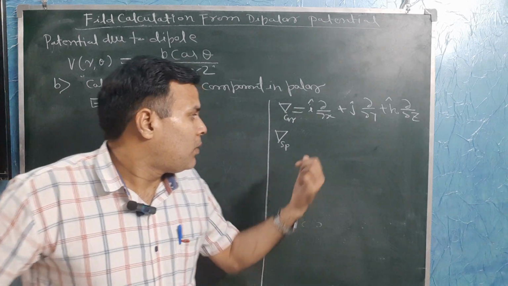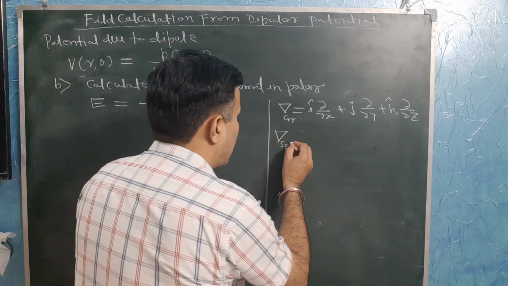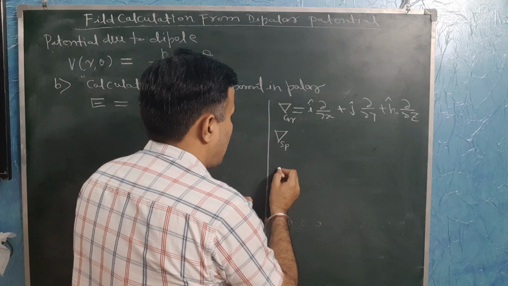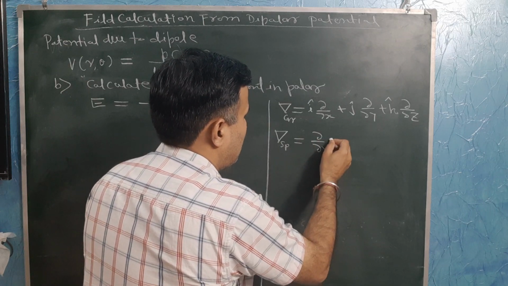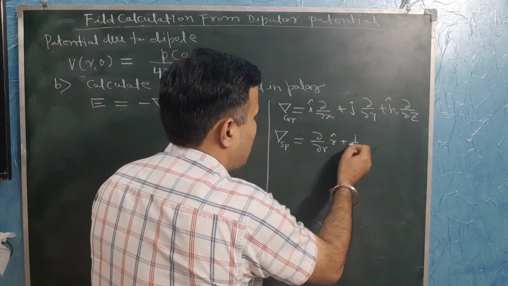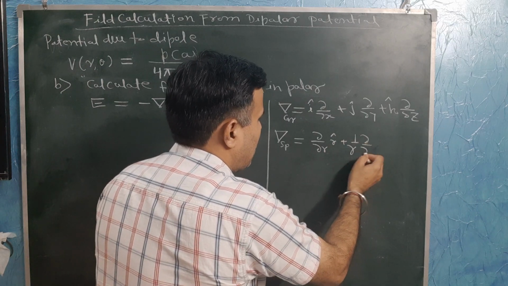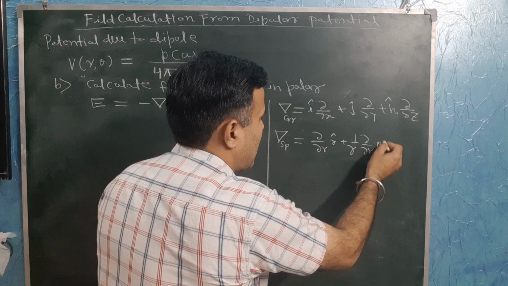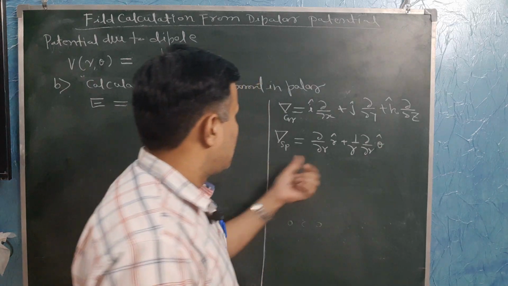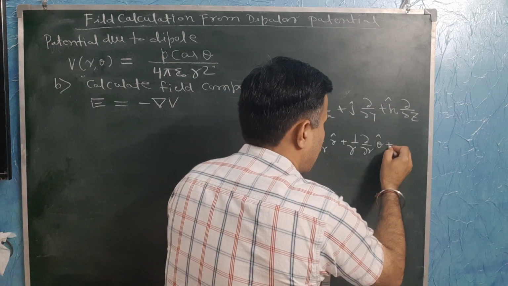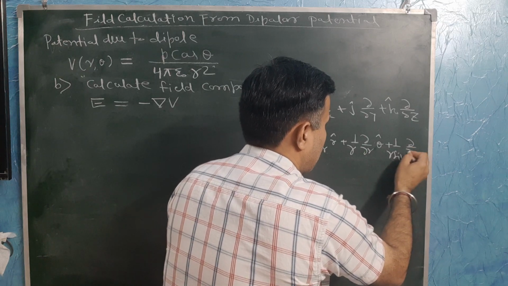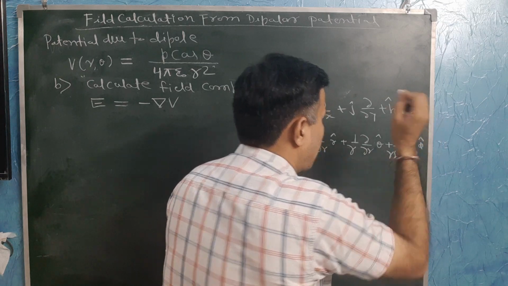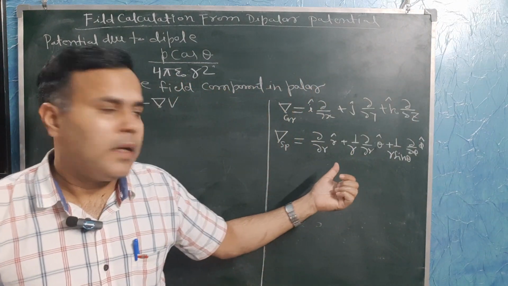So we can express our del in spherical polar coordinates as del by del r r cap plus 1 by r del by del theta theta cap plus 1 by r sin theta del by del phi phi cap. So this is the general profile.